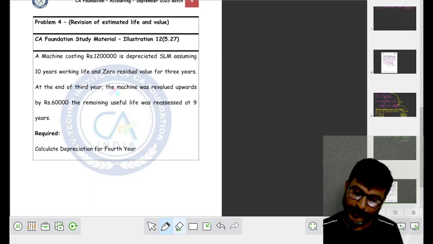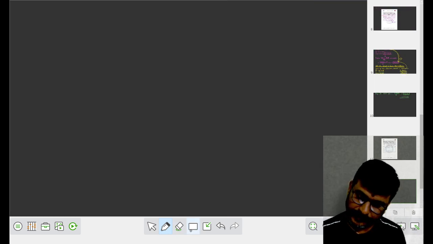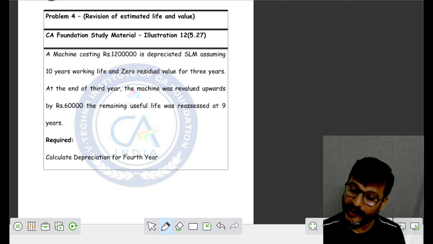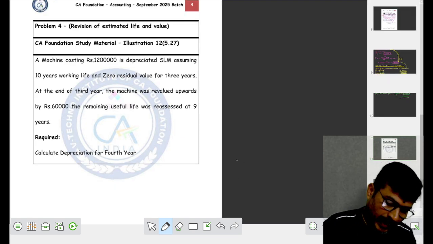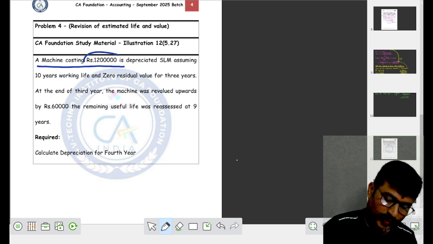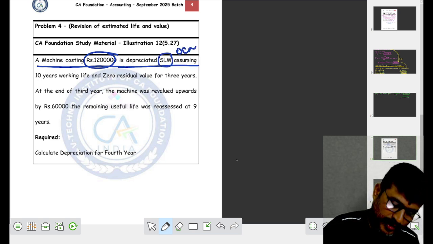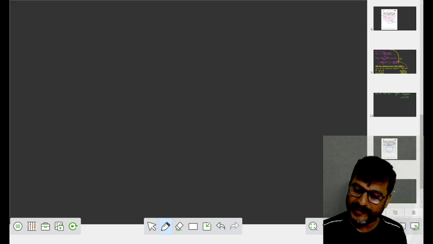See what happened in problem number 4. A machine costing 12 lakh depreciated on SLM. SLM means straight line method. 10 years working life. Zero salvage value means what? Scrap is zero.